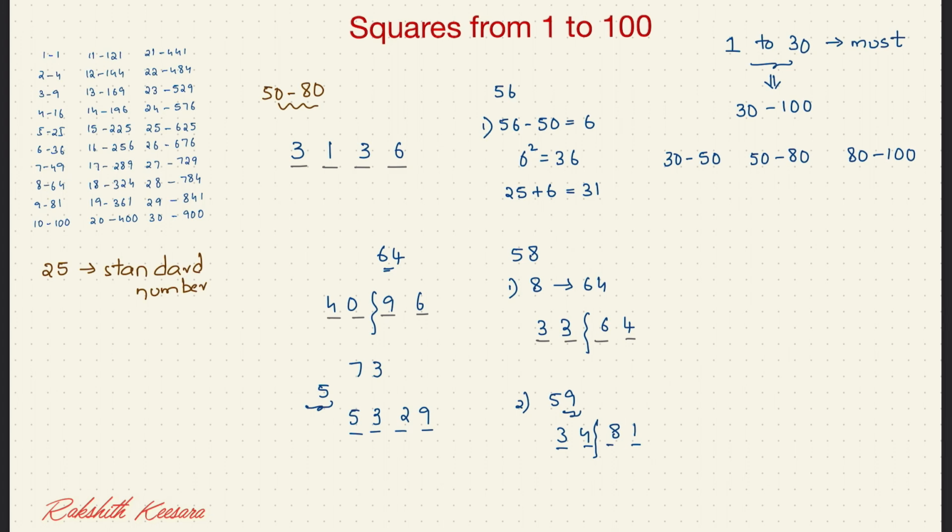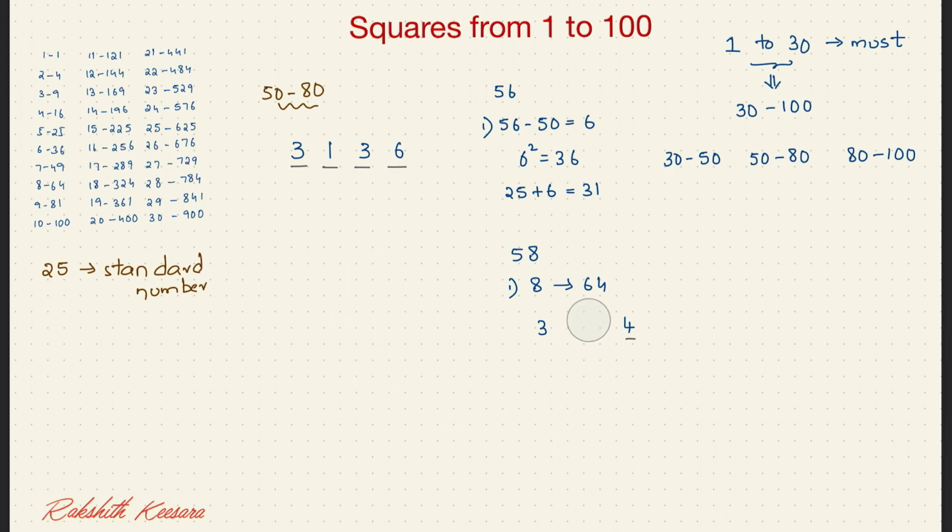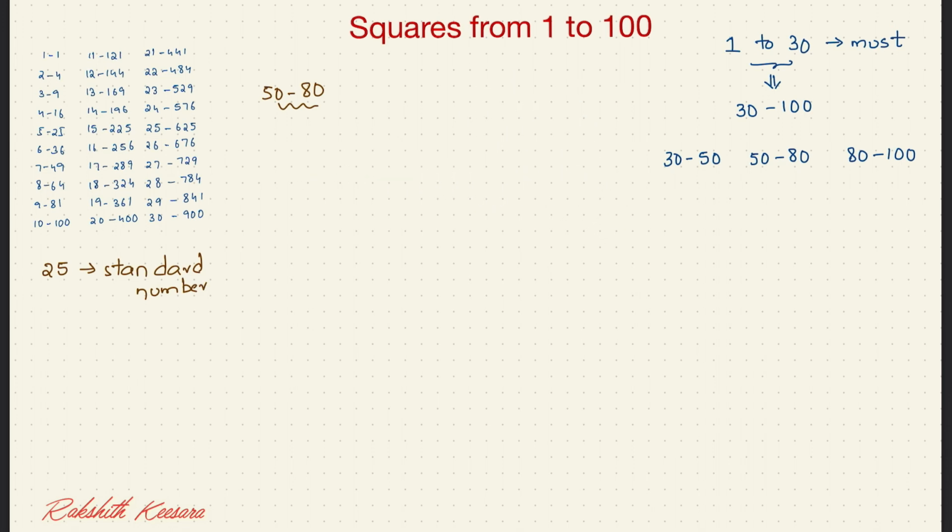Now let me write a generic formula here. For a number, the last two digits, the LSP, you get by (number minus 50) whole square.